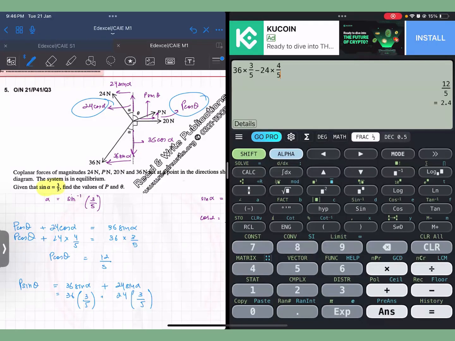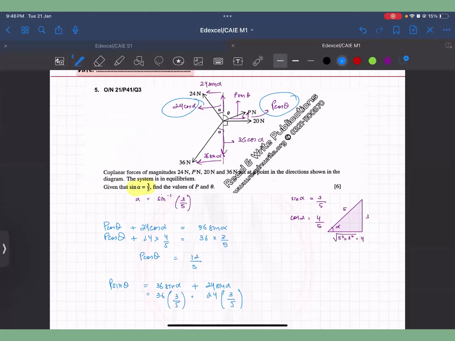Look. The formula over here. It would be 24 sine alpha. Look, the upward forces, it is cos alpha. Okay, this one I made a mistake over here. This is 36 cos alpha.